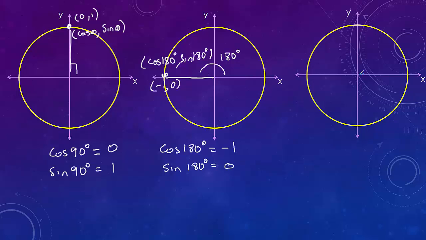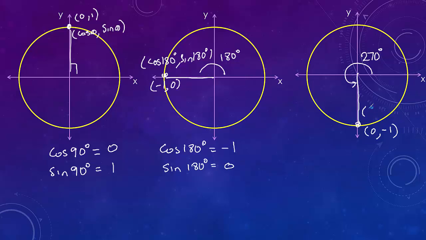And the final one we'll look at here is straight down, which I didn't draw very well, so let's draw it straight down this line to here. So we're looking at 270 degrees. Clearly this point is the point 0, negative 1.